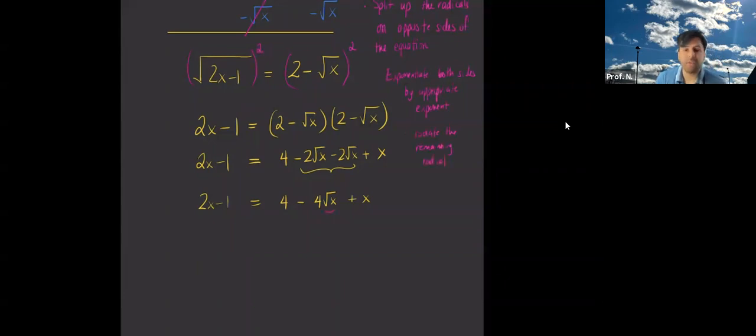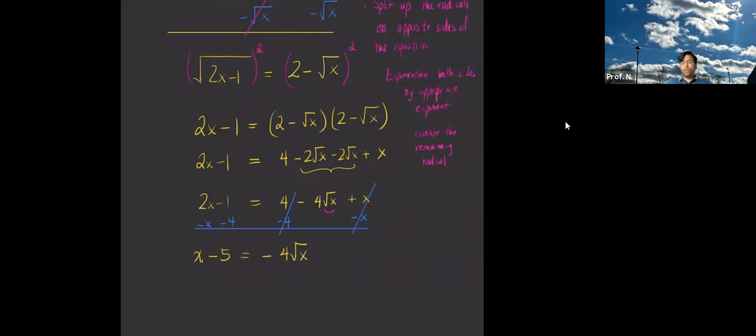So the remaining radical is right here, radical x. So I want to get that on just its separate side. So what that means is I must subtract x, subtract x. I must subtract 4, subtract 4. So when I do that, the x's cancel and the 4's cancel, and I'm left with x minus 5 equals negative 4 rad x.